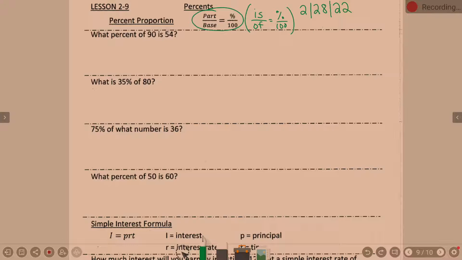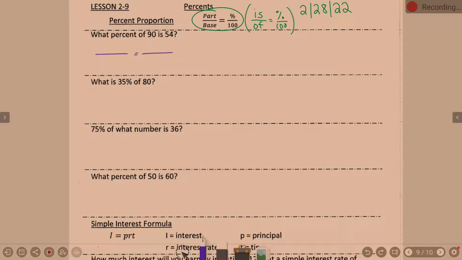I don't know if that's a shortcut you've heard or not, but I think it works fairly well. Is over of equals percent over 100. And so our goal on every problem today is going to be to fill in this proportion. Okay?